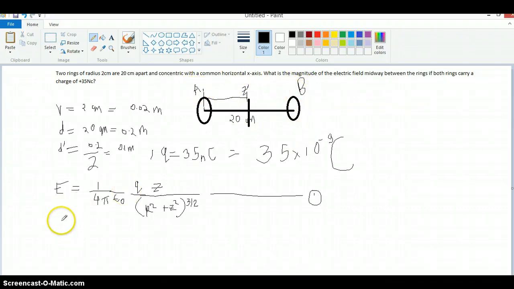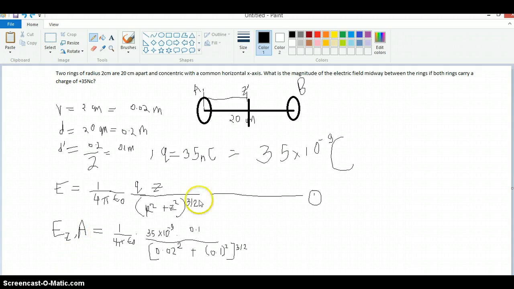Our next step is to find the electric field at the point at distance z due to A. It is going to be 1 over 4 pi epsilon naught times the charge, which is 35 nanocoulombs, times z, the distance of the point from the charge on A, divided by 0.02 squared plus 0.1 squared to the power 3 by 2.